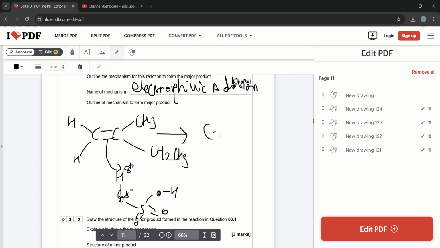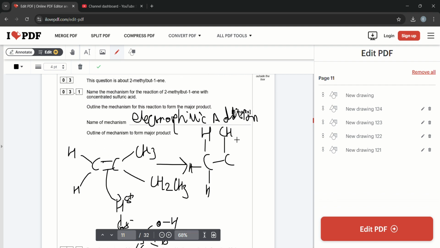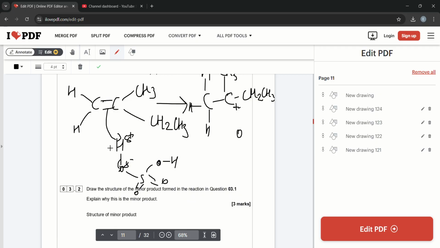Then what you form, with single bonds, is H, H, H, CH3, CH2, CH3, and now this carbon's positive, and this is bonded to a hydrogen. Now this oxygen has a lone pair of electrons and is negative, and it also has the S double bond O, OH. Now it goes from the lone pair of electrons to the positive charge.